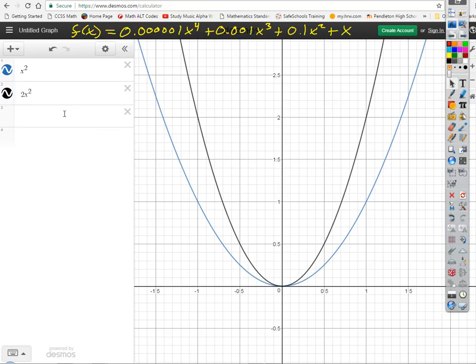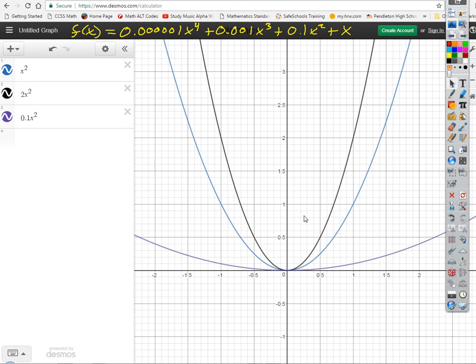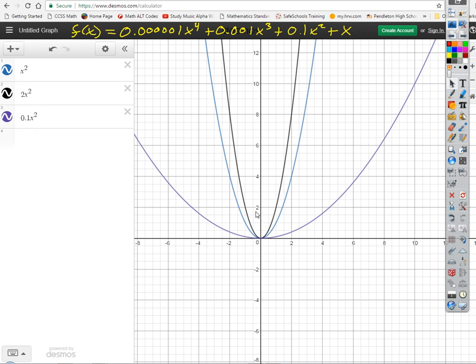Right? So what if I make another function that's like 0.1 x squared? What did it do now? Maybe let me zoom out a little bit. What's the purple one do?